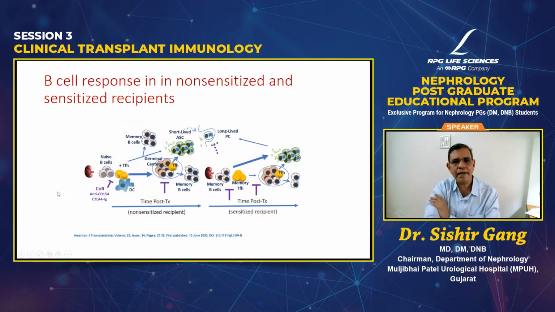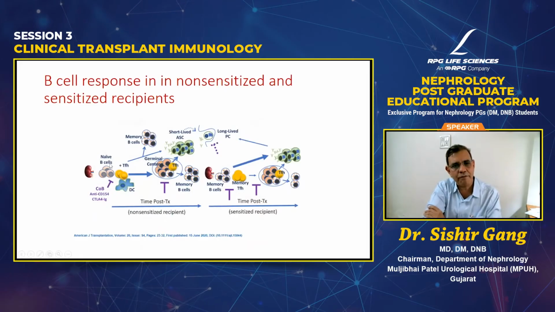So just to summarize again, once the naive B cells come in contact with the T follicular helper cells along with the dendritic cells, they get activated and they can form memory and they can form short-lived antibody producing cells, or they can produce long-lived plasma cells.